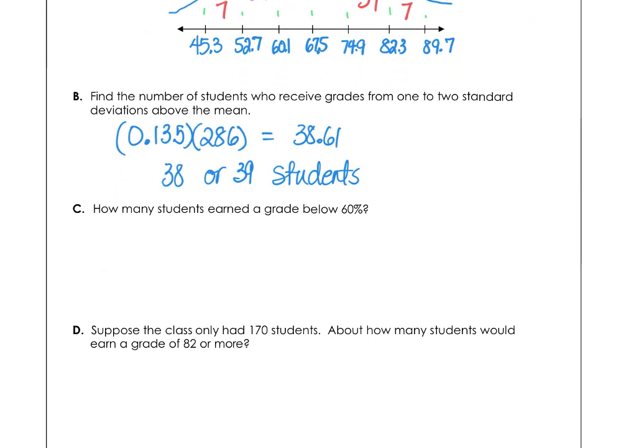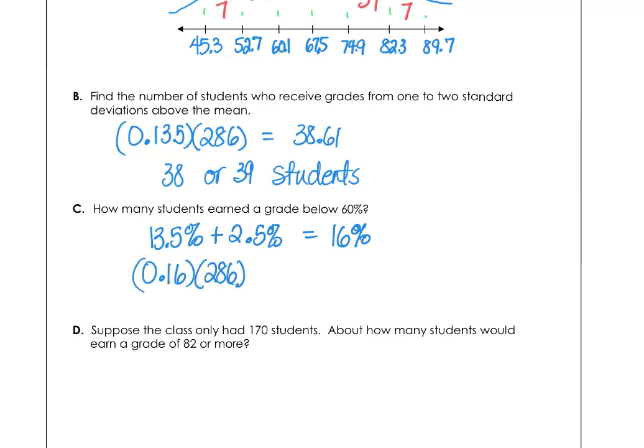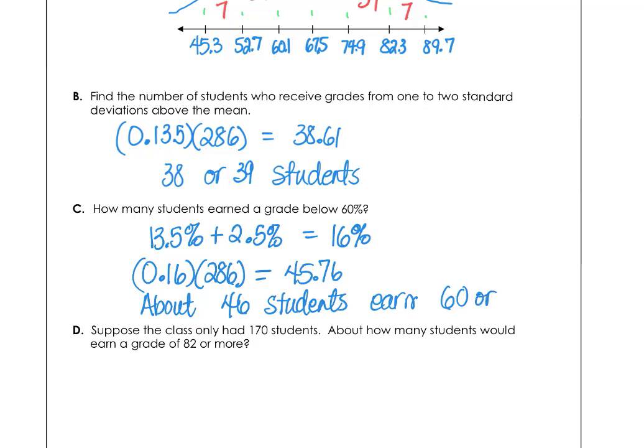So 13.5 plus 2.5, which is about 16%. So 16% times the total of 286 is 45.76, so about 46 students earned a 60 or below.